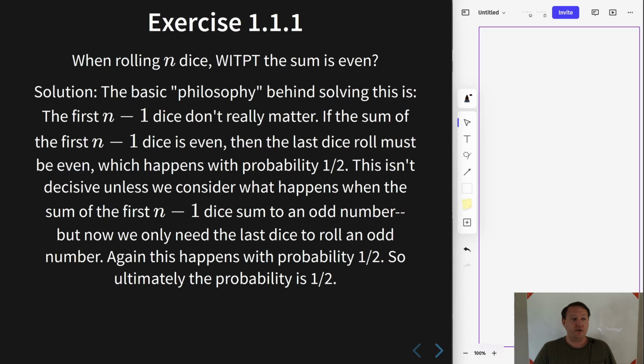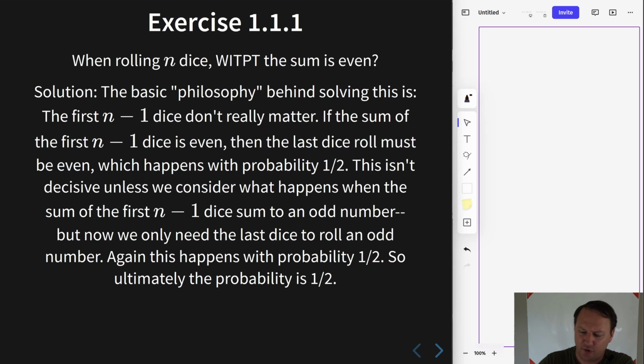If you sum up the first n-1 tosses, it's going to end with a sum that is either even or odd, but in either case, it doesn't matter, because the probability that the overall sum is even will be 1/2, no matter whether the first n-1 rolls ended in an even sum or an odd sum.